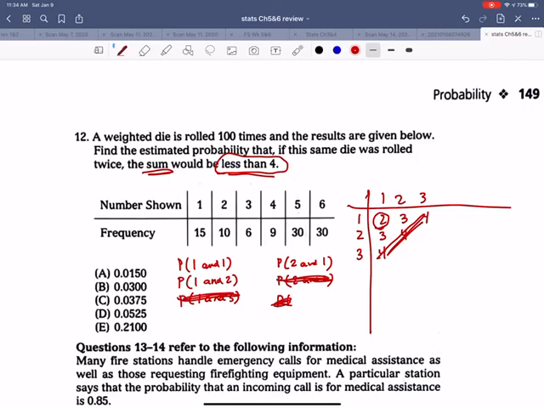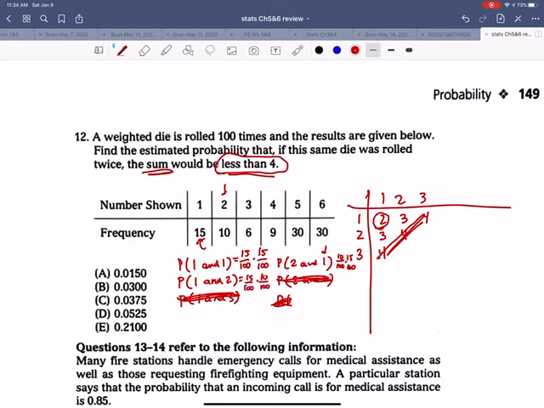Okay, since the events are independent, the probability of a 1 and a 1 would just be the probability of 1 times the probability of 1. So that would be 15 out of 100 times 15 out of 100. What's the probability of a 2 and a 1? That would be 10 out of 100 times getting the 1, that's 15 out of the 100. And this one's the same, it's just written in reverse. So 15 out of 100 times 10 over 100.